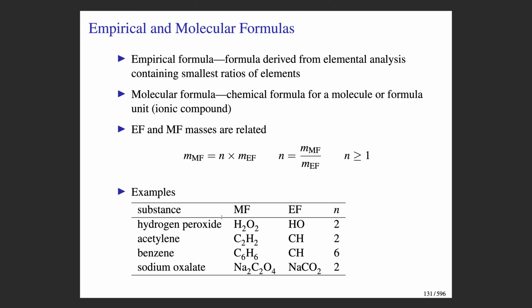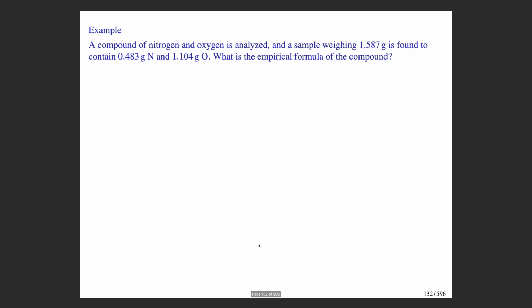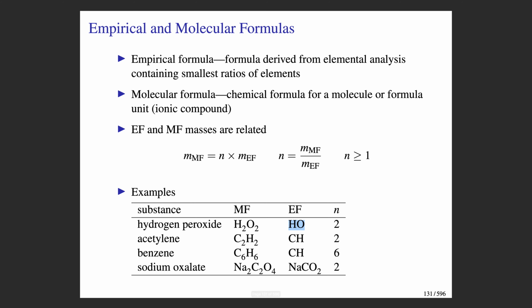So the empirical formula, generally speaking, has less information in it than the molecular formula or the formula unit for a compound. The two formulas are related. If you take the subscripts in the molecular formula and divide by a factor of 2, that gives you the subscripts in the empirical formula. That's true for all of these. And so you can relate the mass of the molecular formula via this integer to the mass of the empirical formula.